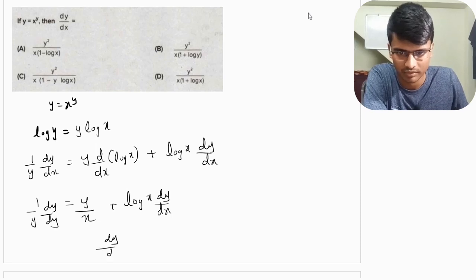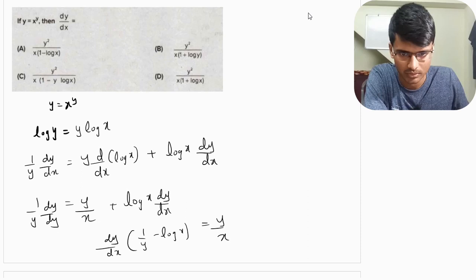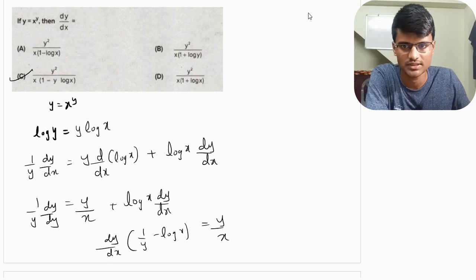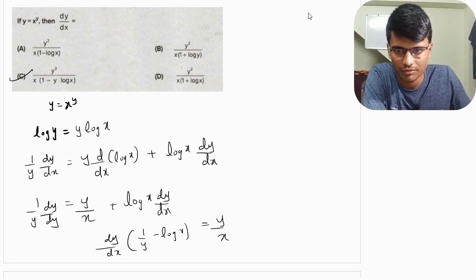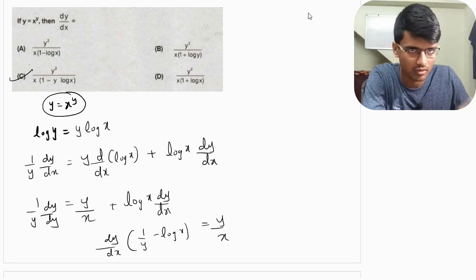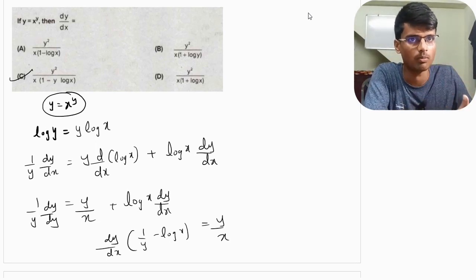When I take that common, I'll get 1 by y minus log x is equal to y by x. On simplification, this will be y square by x times 1 minus y log x. So the correct answer is option C. If you come across these kinds of functions, you have to apply log on both the sides, then apply differentiation on both the sides and solve it.